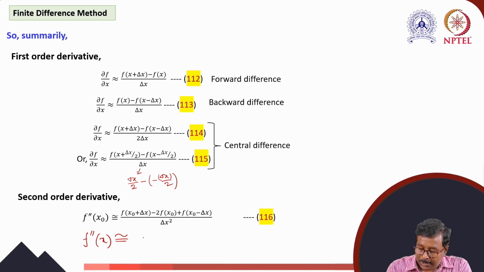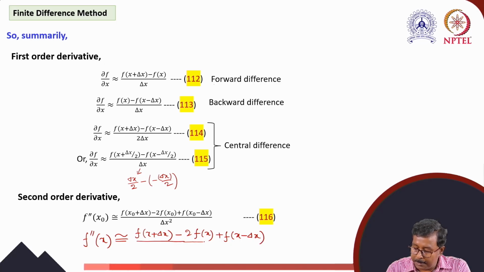Then there is no need to put the x0 value: f of x plus delta x minus twice f of x plus f of x minus delta x, divided by delta x square. This is also around a particular point x0. So this is also equation 116.